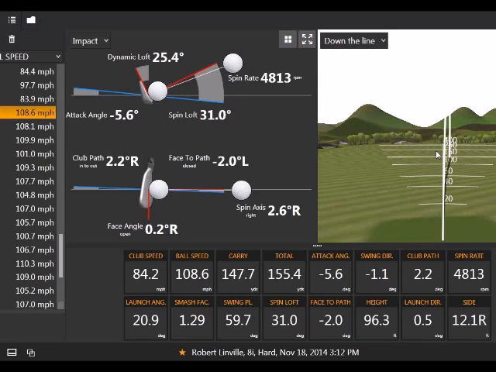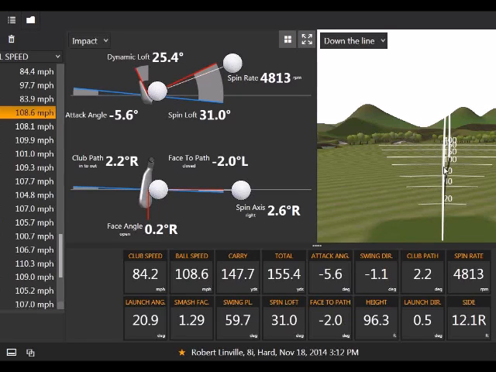As we go through this, what are the main components that we're trying to use to look at the shot pattern we want? In Mike's case, we want this ball to start pretty straight or slightly right of the target. We're in trouble if he starts the ball left of the target. Again, that's specific to a certain player.